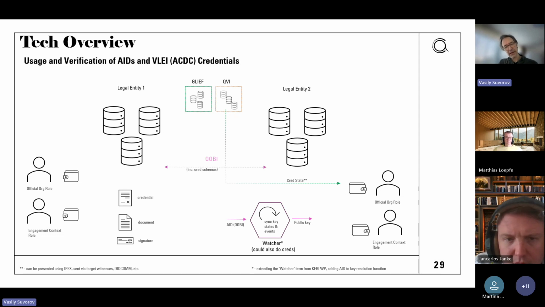So you learn about the KEL, the state of the keys, the witnesses. You go and verify the witnesses of the QVI. They will be separate. That's the rule of the ecosystem. You verify the status of the GLEIF, because you remember they delegate to the QVIs, so we need to be able to validate that here as well. They must also have a separate set of witnesses. But other than that, that's it.